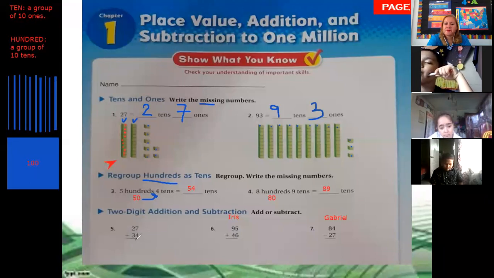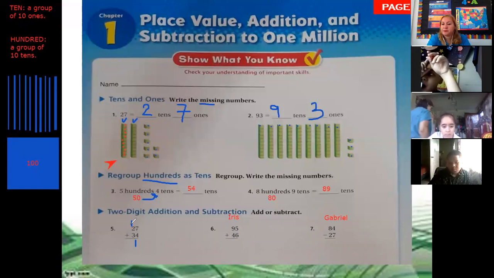But your brother doesn't have to help you. You can count by yourself. 11, so we write the 1 and regroup the 10. See? 3 plus 2 plus 1? 6. So we have 61.